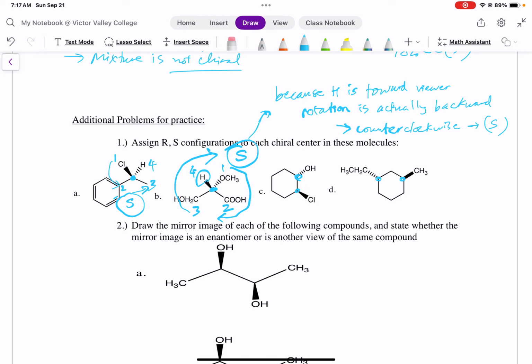So it's S, right? Okay. So I'll let you guys practice the rest of them, and we can check the answers later. Okay, cool. So that's the first part of stereochemistry.